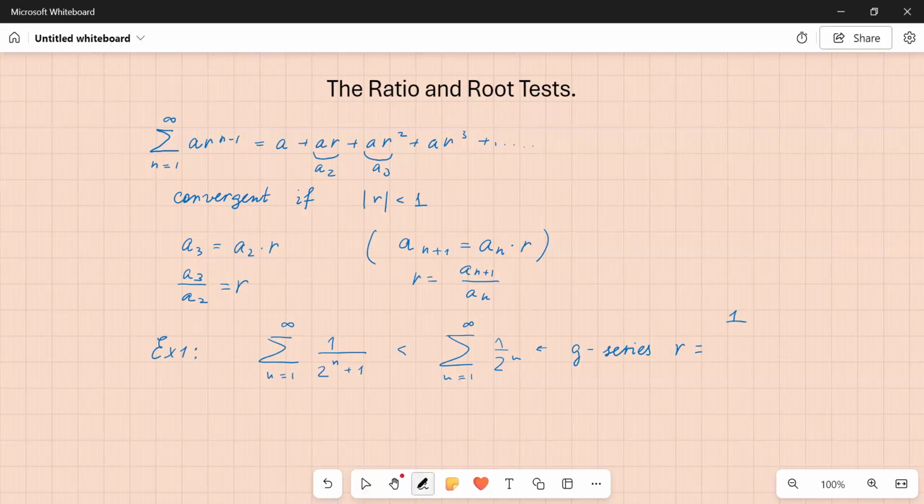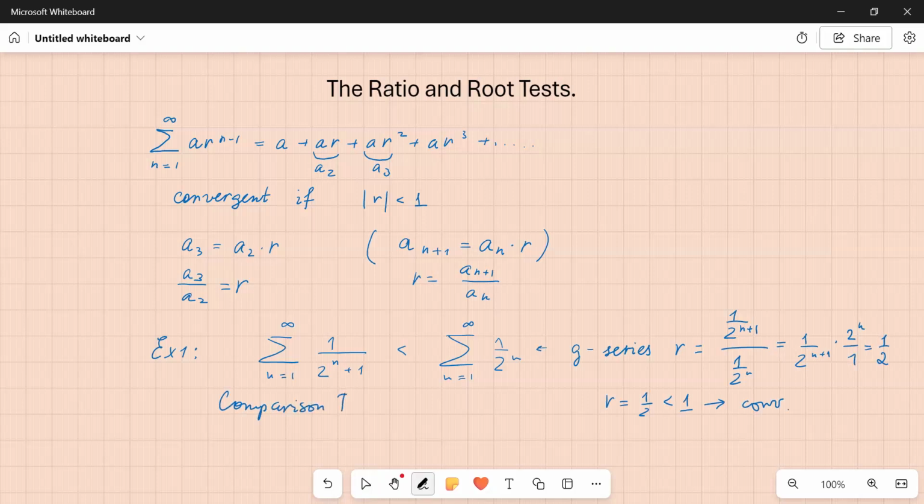It's term n plus 1, which is 1 over 2^(n+1), over 1 over 2^n, right? If I simplify this, flipping it over, I get 1 over 2^(n+1) multiplied by 2^n over 1, which gives me 1 over 2. Of course, this gives a convergent series because r here is equal to 1/2, less than 1. So we apply the comparison test here.